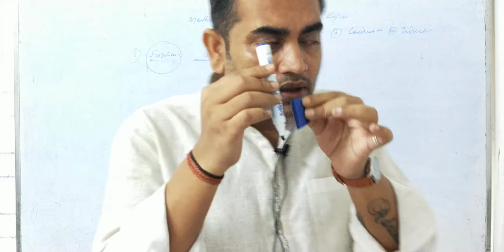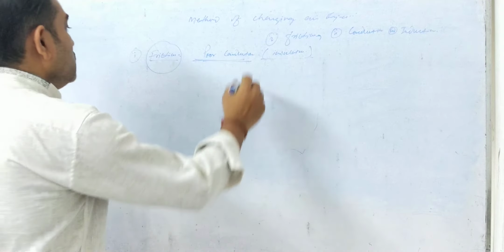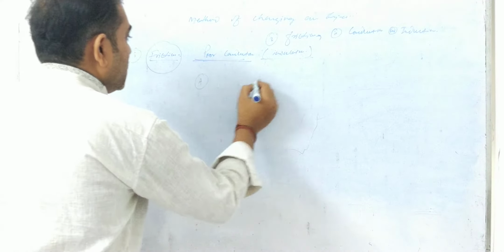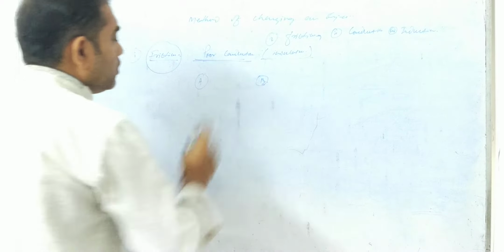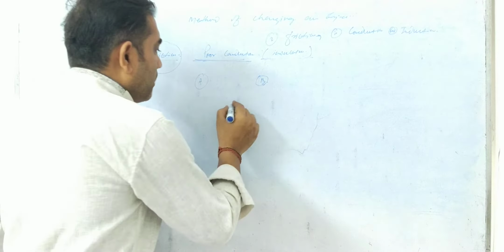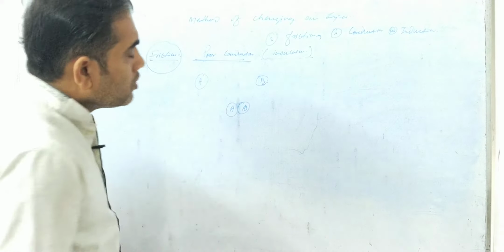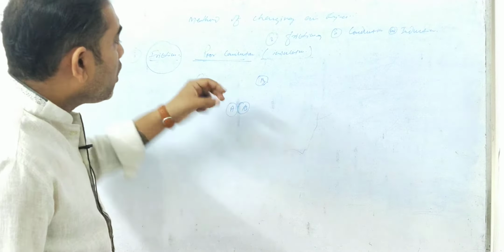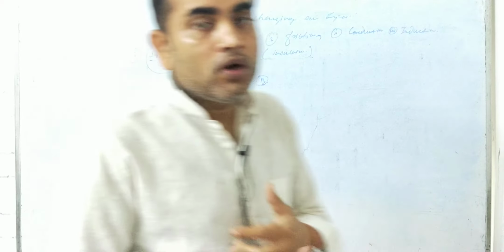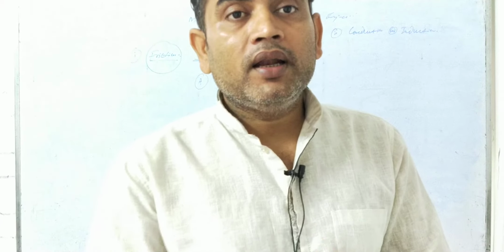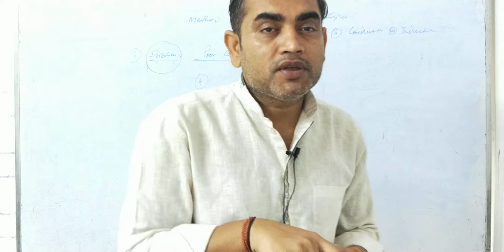So in this method the objects should be in contact and rubbed with each other. Suppose we have object A and object B. The two objects are brought in contact and rubbed. When they are rubbed, one object will lose electrons, and those electrons will be accepted by the other object.